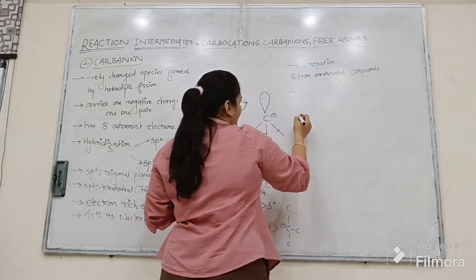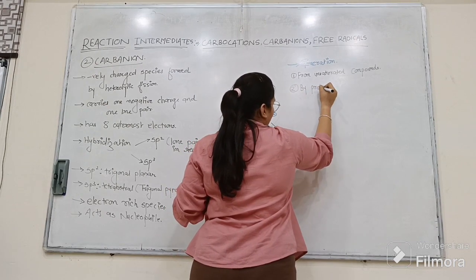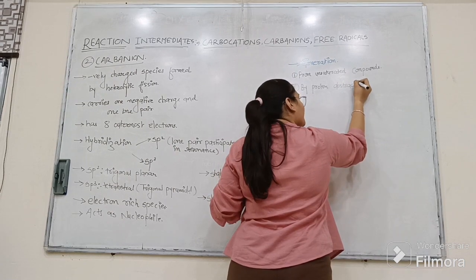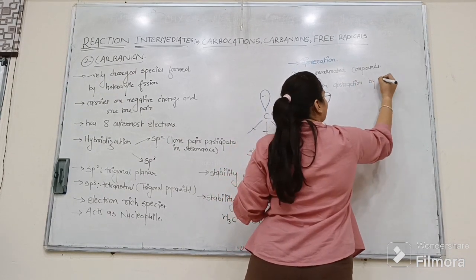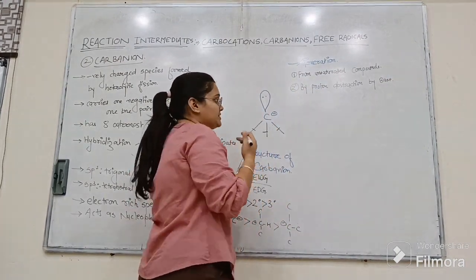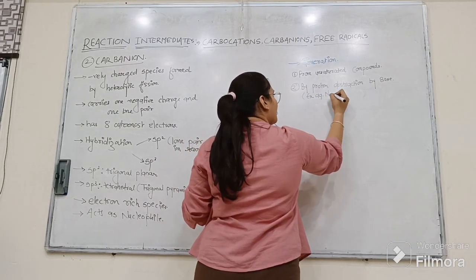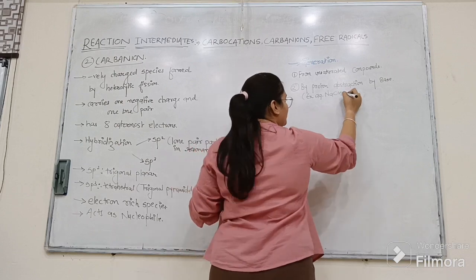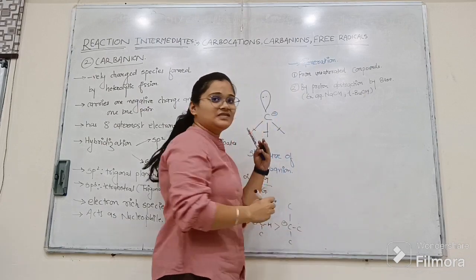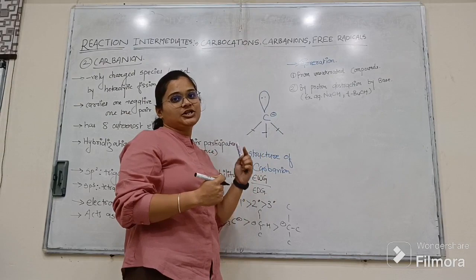The next one is proton abstraction by a base. Examples of bases are aqueous NaOH, tertiary butyl hydroxide, etc. When these bases are present, they abstract a proton.